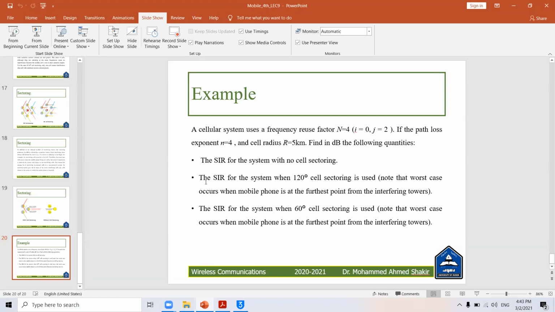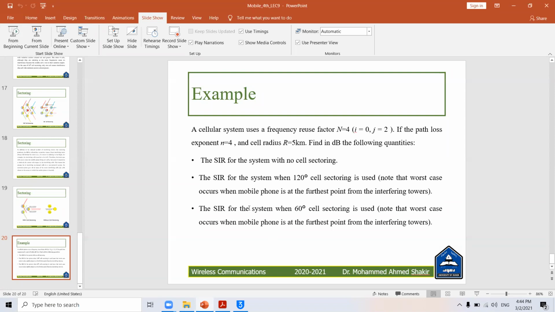The SIR for the system with no sectoring, of course, I naught will be 6. The SIR with 120 degree cell sectoring, I naught will be 2, and here with 60 degree, I naught will be 1.